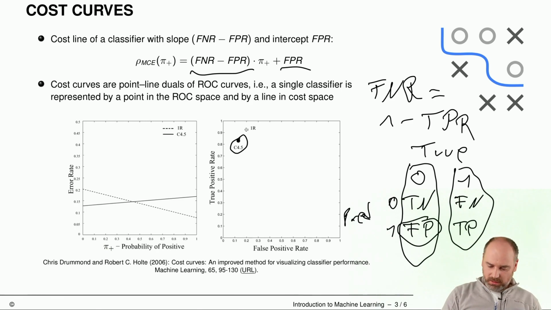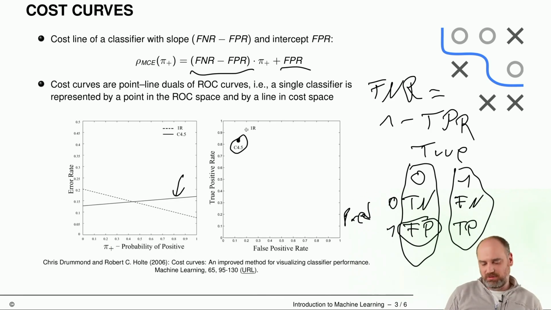So if we have a point here in our ROC space, we can directly convert this into the cost line of our classifier, and obviously this also works vice versa. If you know the slope and the intercept, you can easily go back, because the intercept is simply FPR, and then you identify the slope with FNR minus FPR.